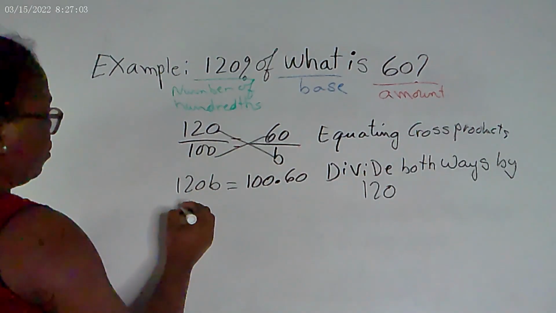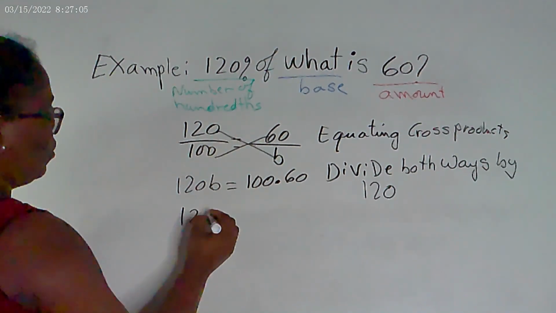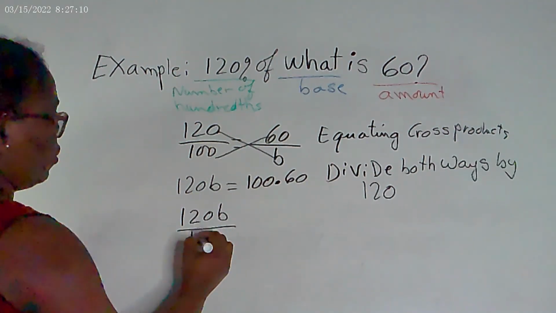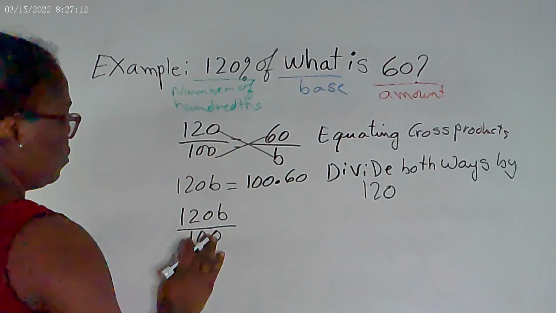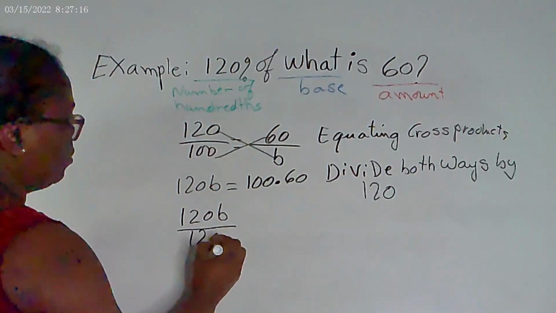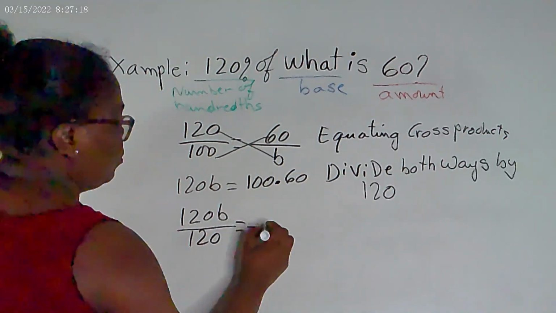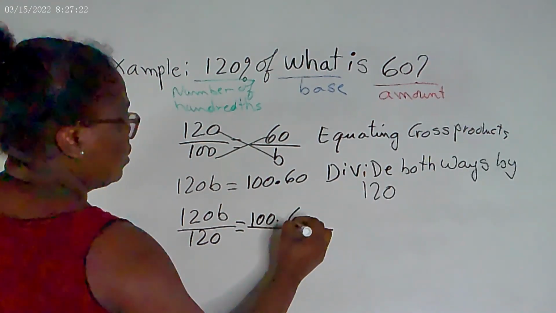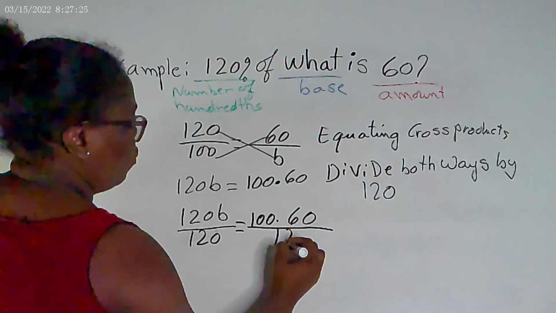Okay, now we have 120b over 120 is equal to 100 times 60 over 120.